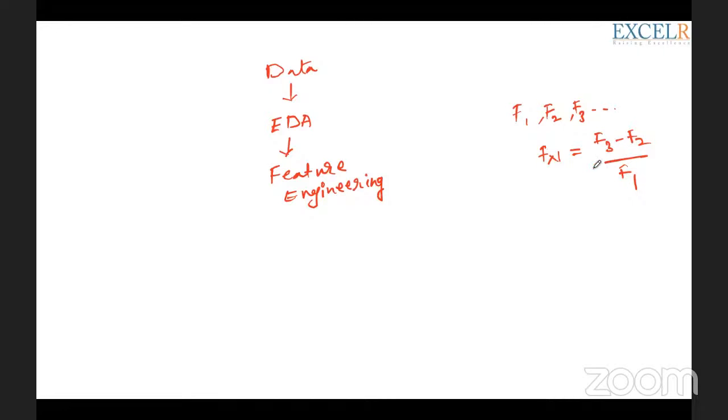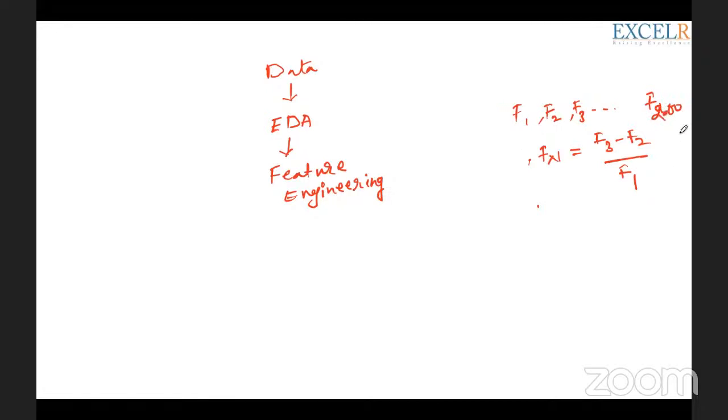This kind of feature fabrication, or creating new features, requires domain knowledge. How do we know that you have to subtract these two features, then divide by feature one? When you have sound domain knowledge, then this will be possible. Besides creating new features, the other task is identifying the best features out of all these features. Let's say I have 100 features, or 2000 features.